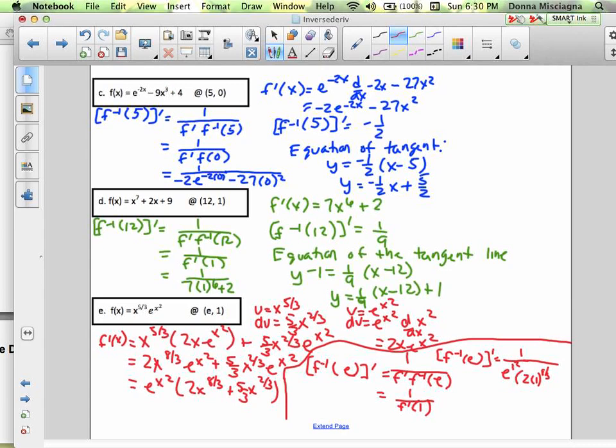Plus, and this is all in parentheses, 5/3 times 1 to the 2/3.